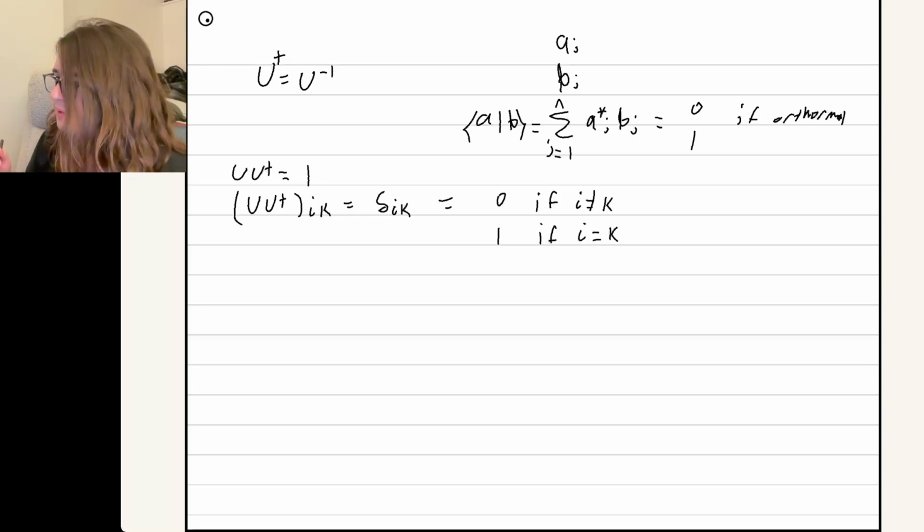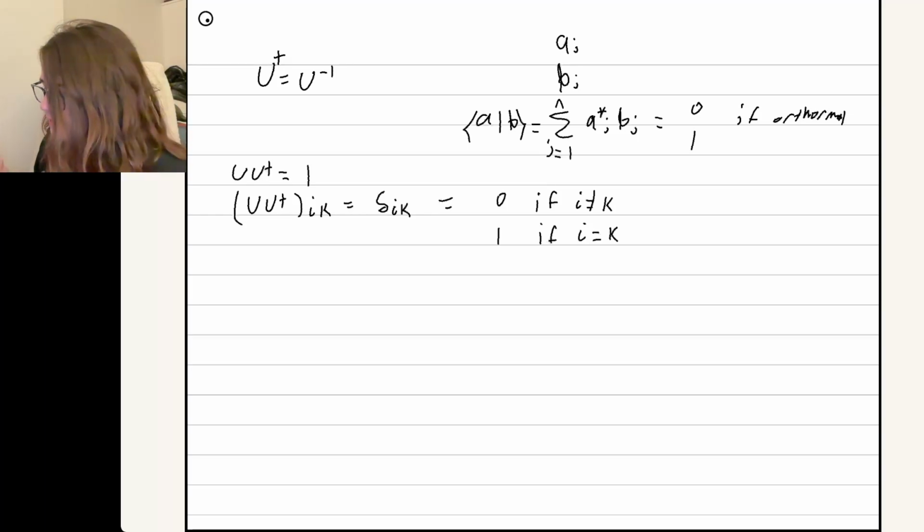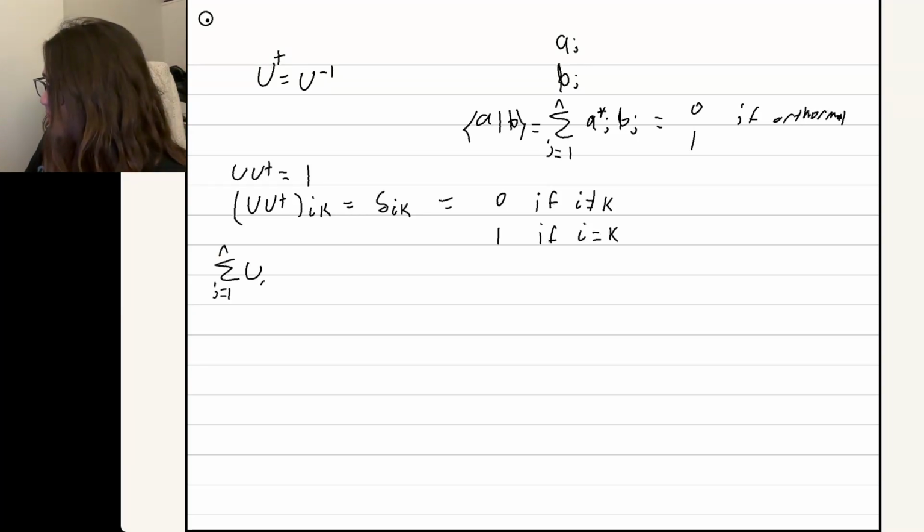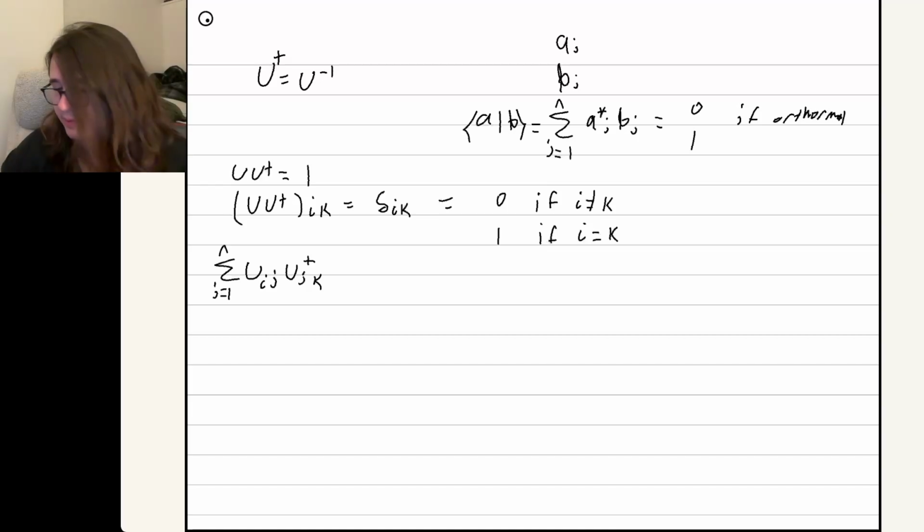But also, we have a formula for multiplying two matrices together that Griffiths has given us. We know that it's another sum over j of the components, where we just multiply u sub ij with u sub jk, and then you index whatever matrices are in the product.